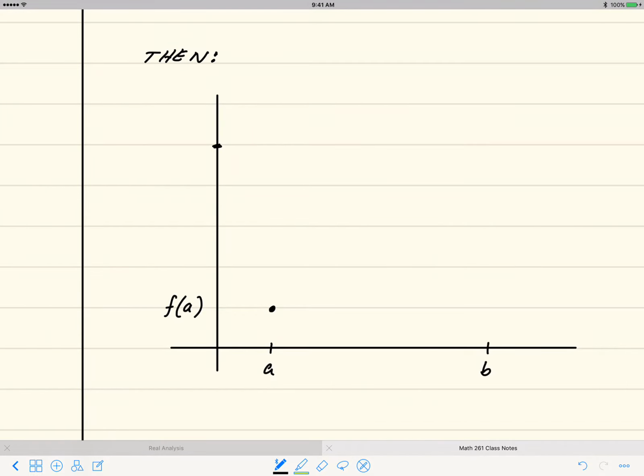And here's f of b. So they don't have to be equal. But then the function can do whatever it wants, as long as it is differentiable everywhere and it's continuous on the closed interval.